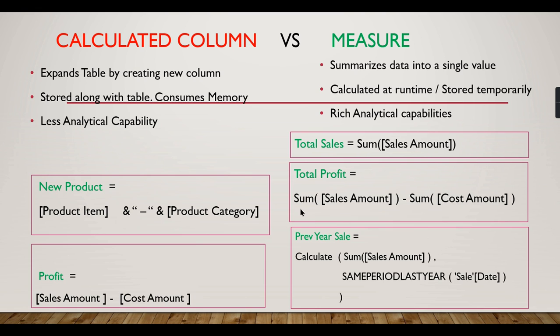So this will be calculated only once, for only one scalar value subtraction, 10,000 minus 3,000. It will sum it up, and after that it will perform this operation. That is the key difference between your calculated column and a measure.